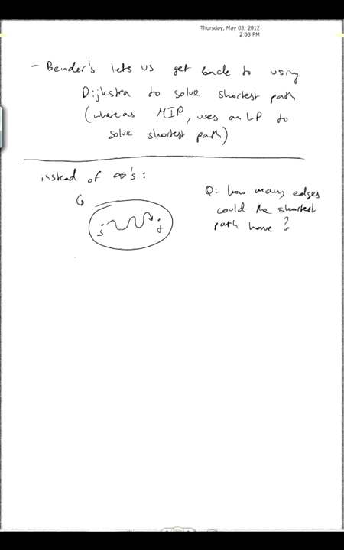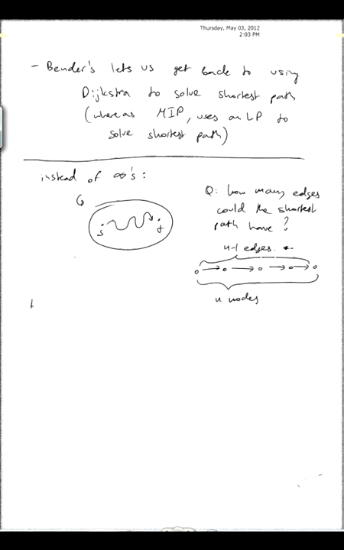So in maximum, since a path has to not repeat any node, in maximum there could be n nodes total. And if there are n nodes, that means that the number of edges between them could at most be n minus 1. So the maximum number of edges that any path can have is n minus 1 edges right here.